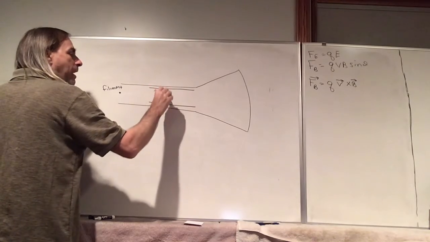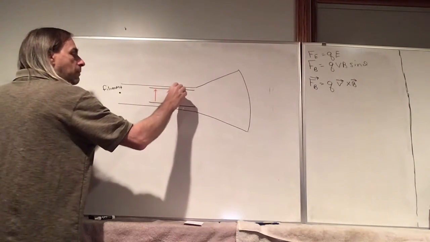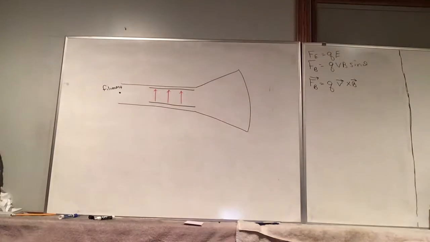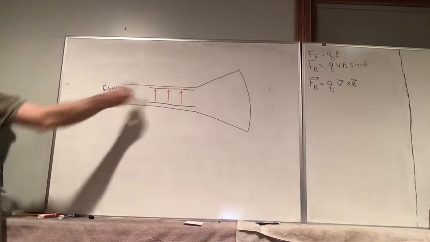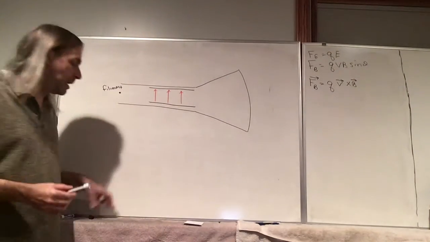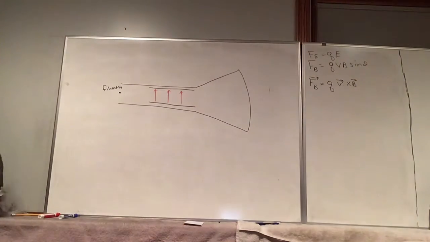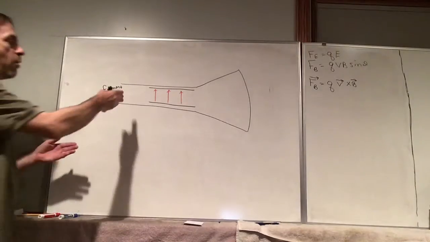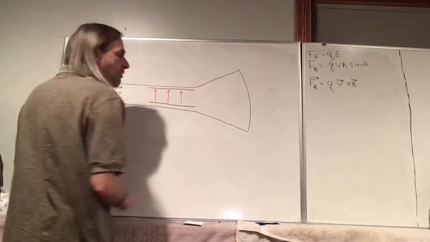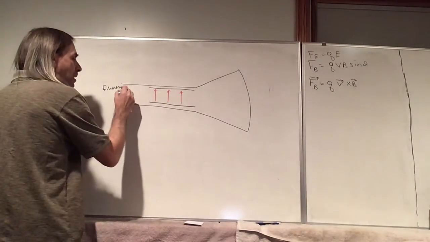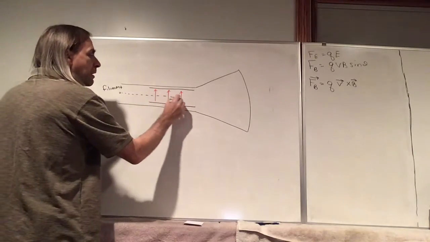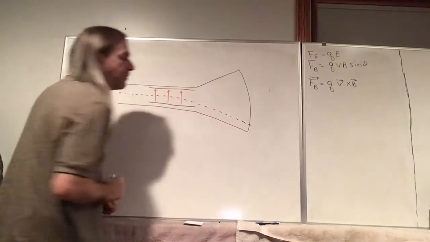Let's say we don't have a magnetic field right now. So we have a velocity selector here. We set up an electric field by just hooking the capacitor up to a battery to separate the charges. And we have this beam of particles, and you run them through this device, and you're going to get a beam that's going to look something like this.